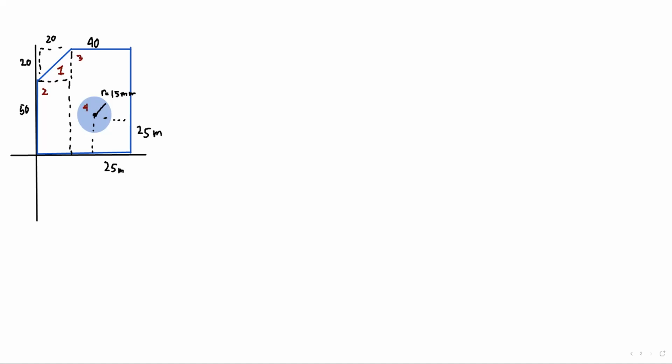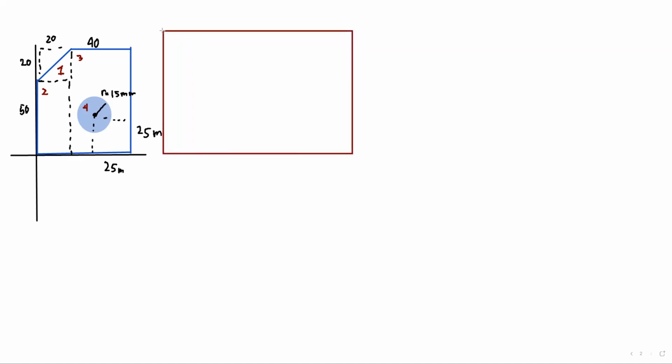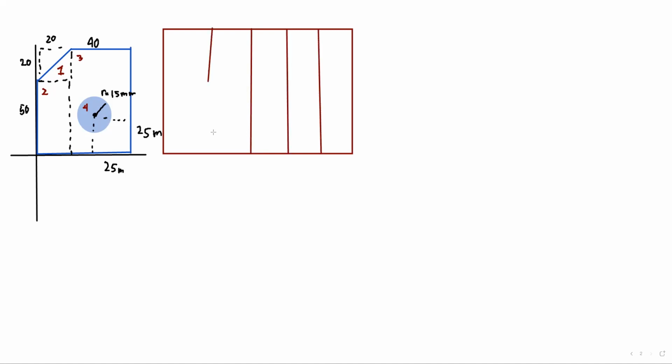So, next, lagay tayo ngayon ng table. So, ganun ulit. Ayan. And then, so meron tayong ilan? 4, no?